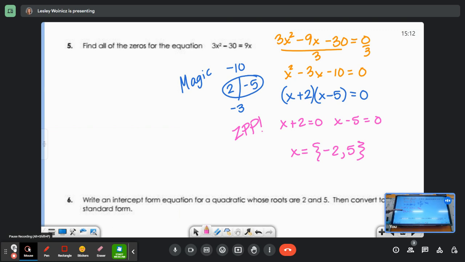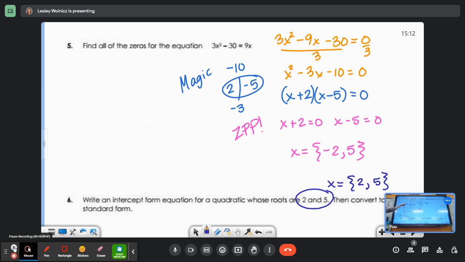The next question wants us to start with the roots, write an intercept form equation, and then go to a trinomial in standard form. So we're going backwards. We're starting at the end. If the roots are 2 and 5, that means x equals 2 and 5.